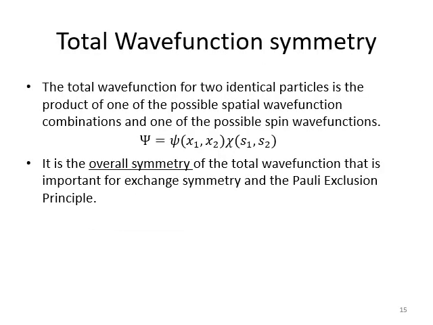So the total wave function for the two particles in our system is the product of one of the possible spatial wave functions that we talked about, maybe the symmetric or the antisymmetric, and one of the possible spin wave functions, symmetric or antisymmetric. If I have symmetric, symmetric, the product is symmetric. If I have symmetric, antisymmetric, the product is antisymmetric.